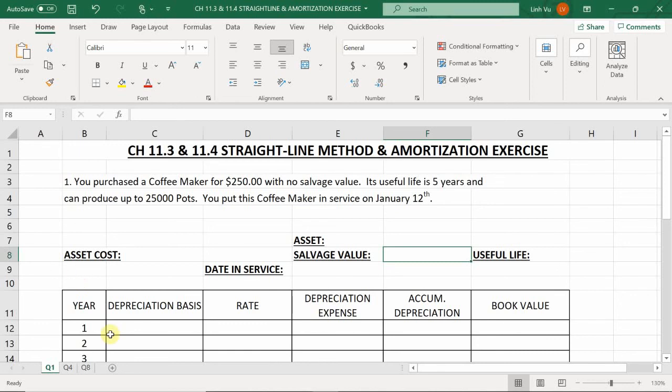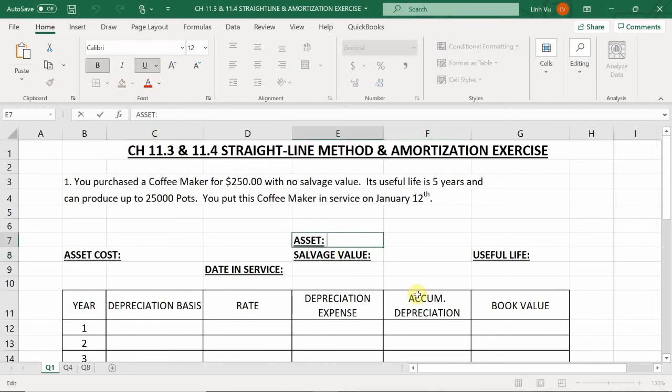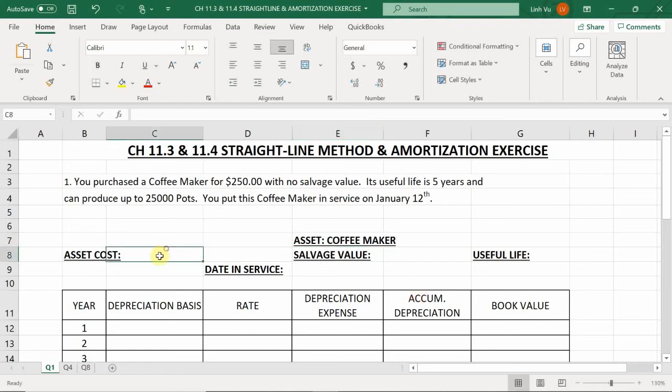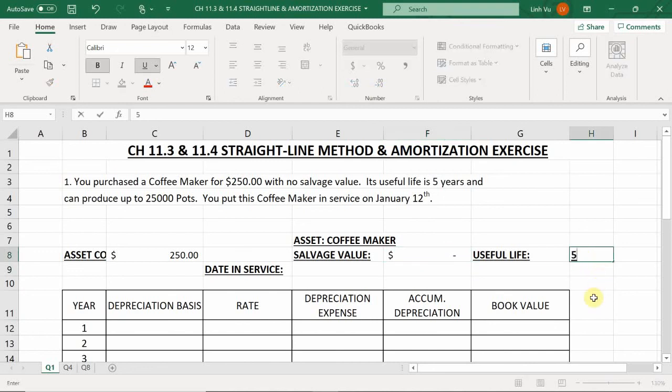Okay, so we bought a coffee maker for how much? $250. What's the salvage value on this? 0. Yes, we have no salvage value. And what was the estimated useful life? 5 years.